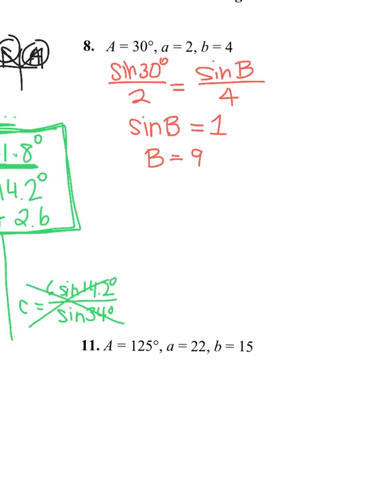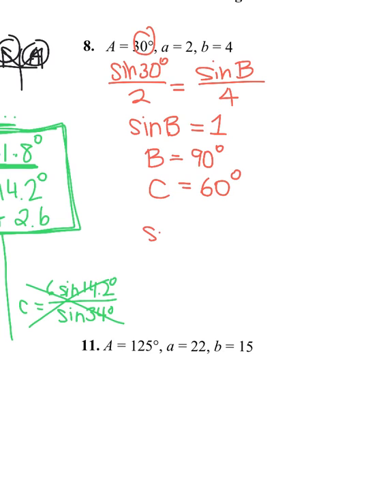So B is equal to 90 degrees. All right. And since the complement of that is also 90 degrees, this is one of our one solution situations. So angle C, if I do 180 minus 30 minus 90, I get 60 degrees left for angle C.